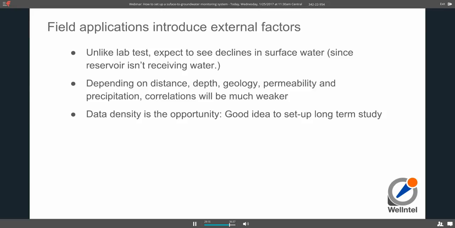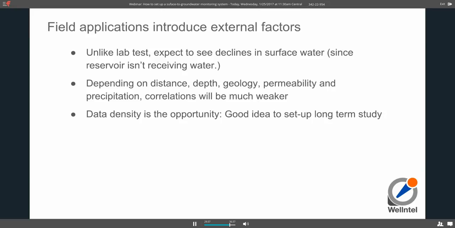It, in fact, is hydrologically connected to groundwater below it instead. And of course, depending on distance and depth and geology and permeability and precipitation, correlations will be much weaker than what we've just shown in our analysis of this idealized system.